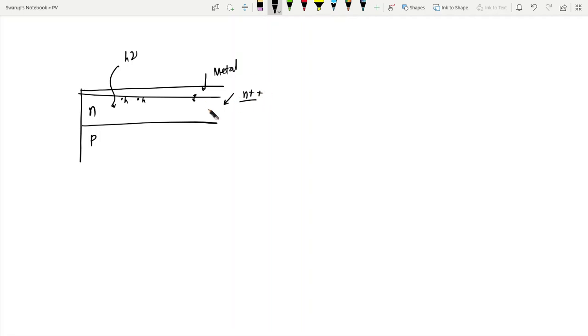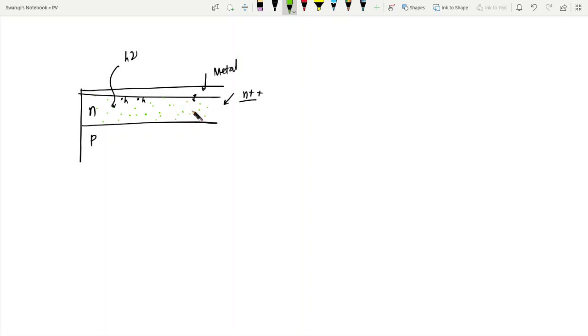Now what it will impact is, if you dope very heavily, then we already have many electrons here, which are not photogenerated, but because of the doping we already have a lot of electrons, which I am drawing as green. These are the thermally generated electrons for N double plus, because of the heavy doping.